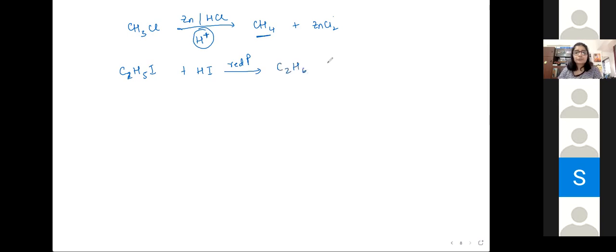How does elemental iodine exist? I2. Yes. So this I2 that is produced reacts with the red phosphorus and is removed as PI3.